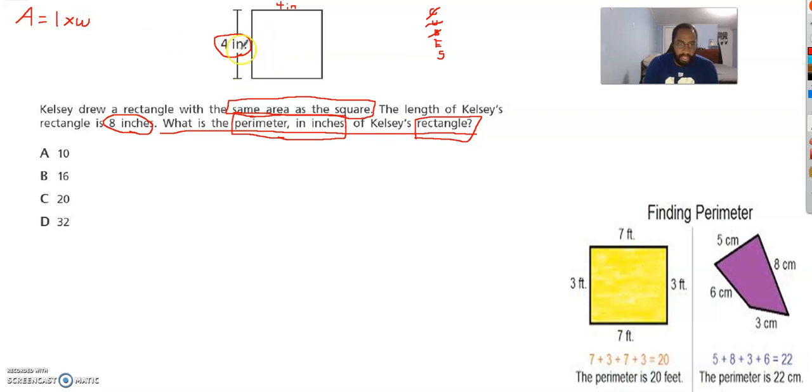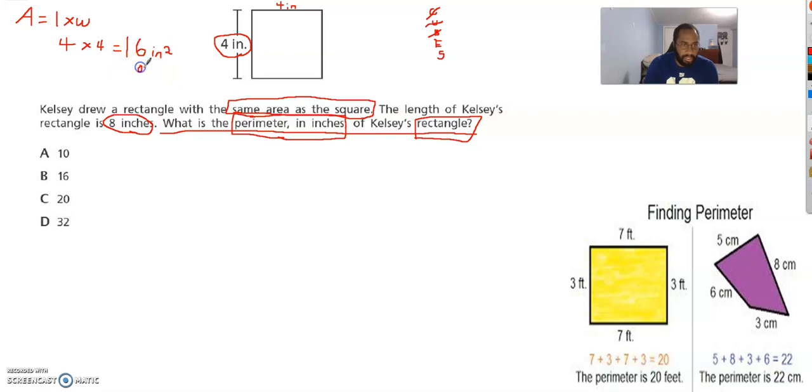So what's the length? 4. What's the width? 4. So let's multiply and find the area of this square. 4 inches times 4 inches is equal to 16 square inches. Or you can do inches to the power of 2.